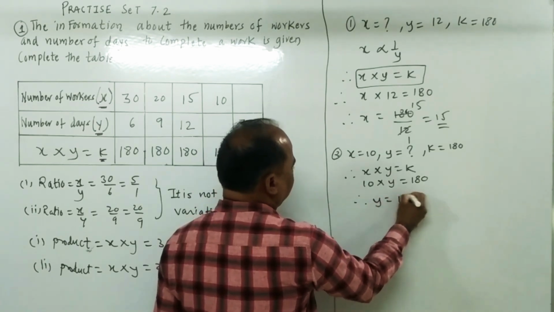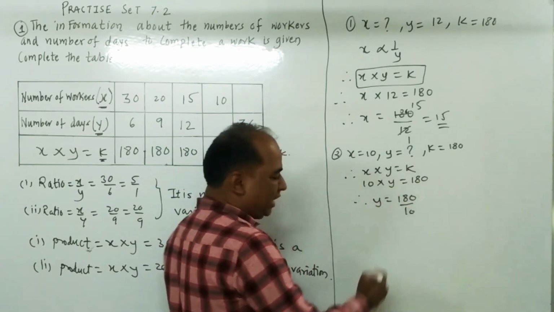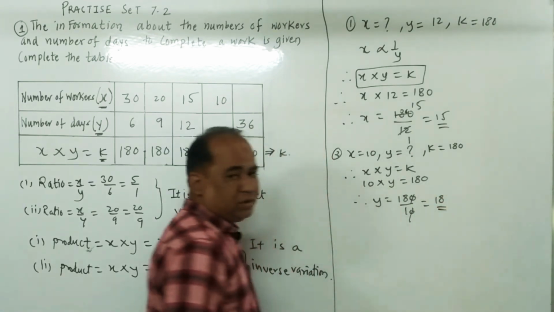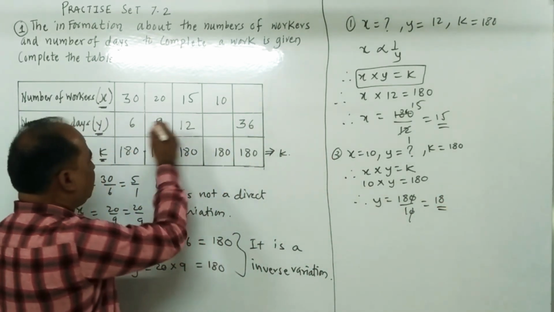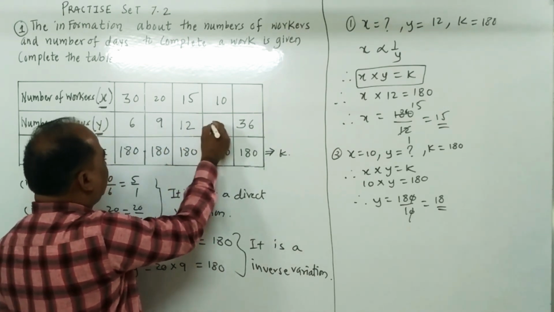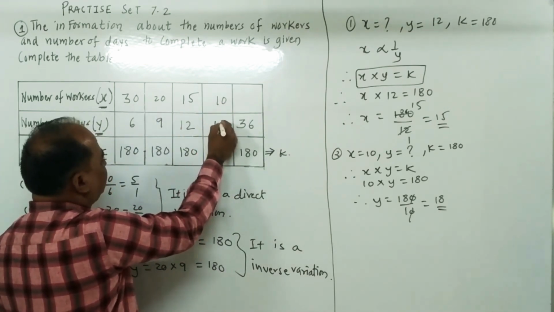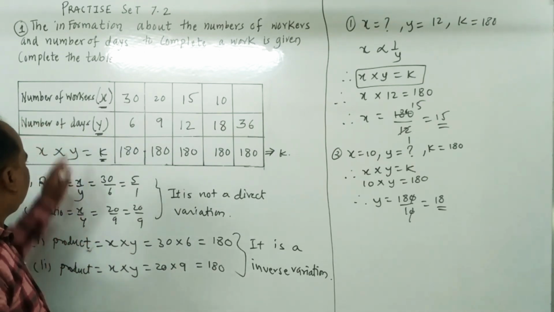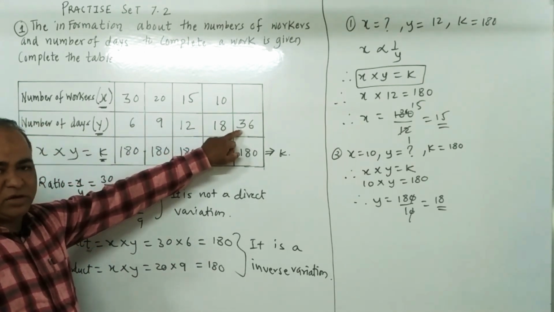Therefore y is equal to 180 upon 10. The zeros get cancelled, y is equal to 18. So when the number of workers is 10, the number of days to complete the work is 18 days.